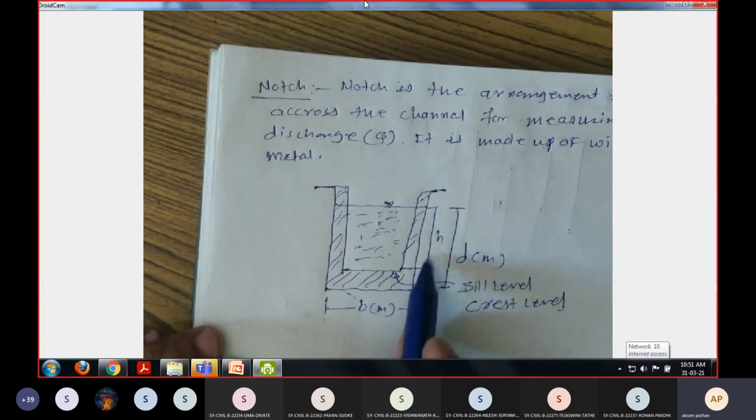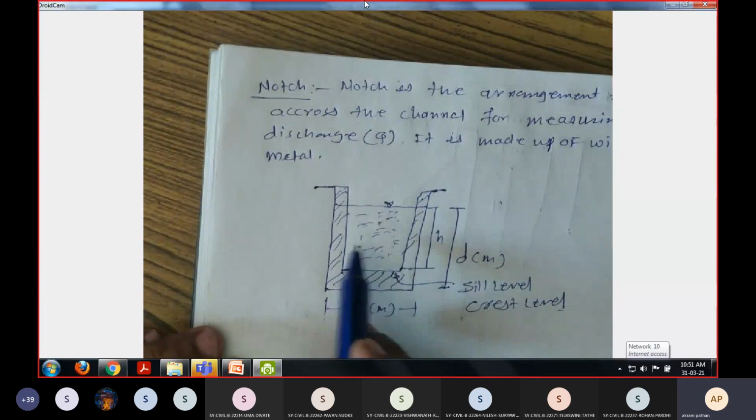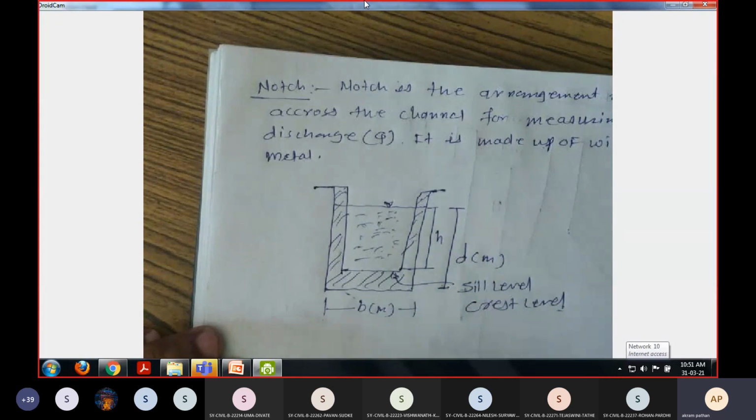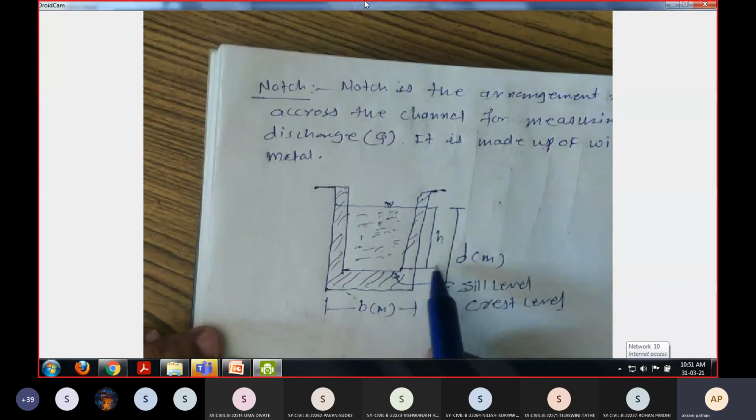We have to record it for different openings of the gate from the dam itself. Sometimes we have to supply more discharge, so we have to open the maximum amount of flow through the channel. Then ultimately the rise of water level above the sill level in the notch will be more.